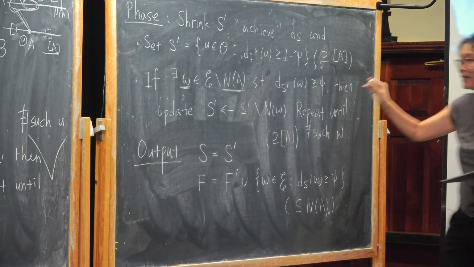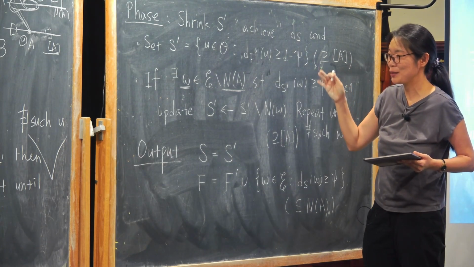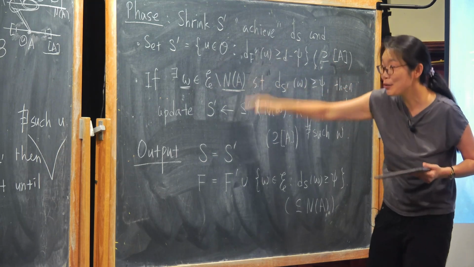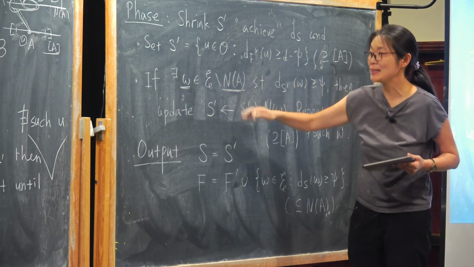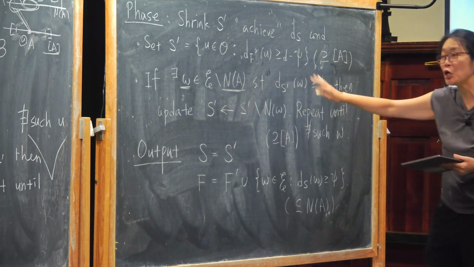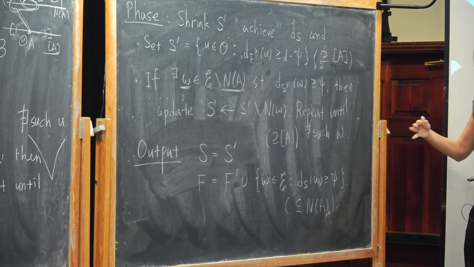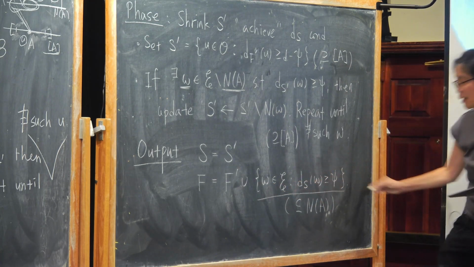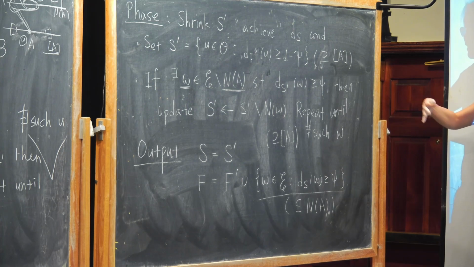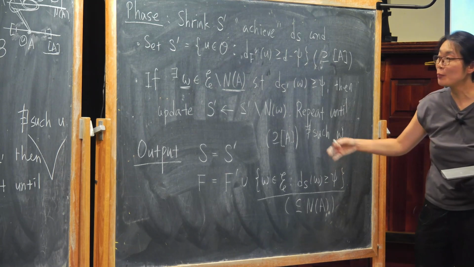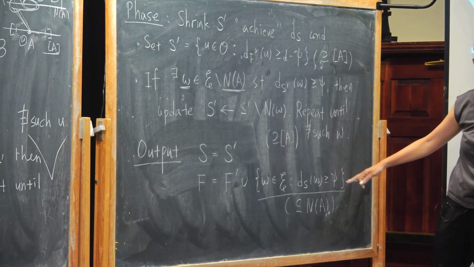Okay, so let me try to straighten this up. In this algorithm, we only touched the vertices outside of the neighborhood. So we didn't touch the vertices inside the neighborhood of A. So we need to treat the vertices who can possibly be in the neighborhood of A to make the DS condition satisfied.